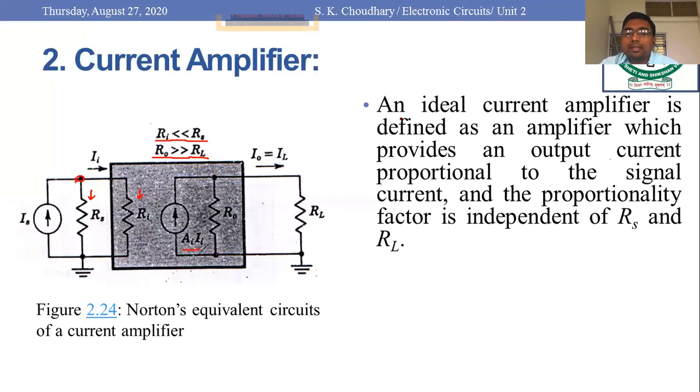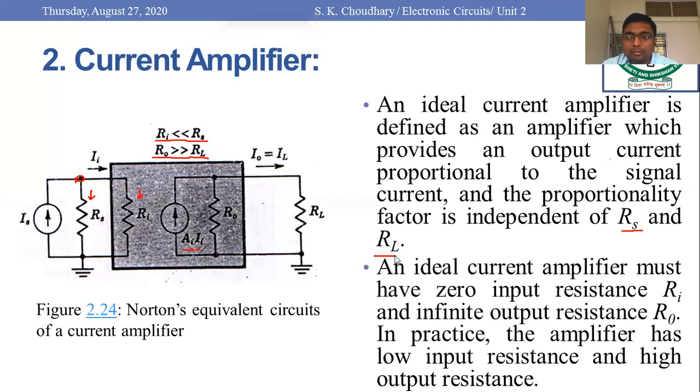Now you can see an ideal current amplifier is defined as an amplifier which provides output current proportional to the signal current, and the proportionality factor is independent of source resistance Rs and load resistance RL.